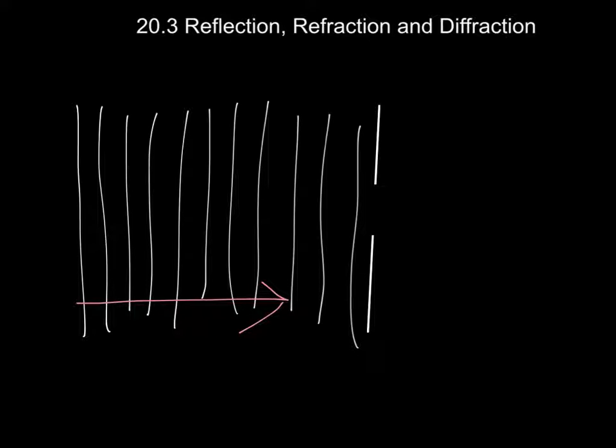Yes, these other waves bounce back, but what actually ends up happening through this hole is that we have these waves that come through and start to spread out. So immediately after, yeah, they're going to kind of look like these flat waves, but then they're going to start to spread out.